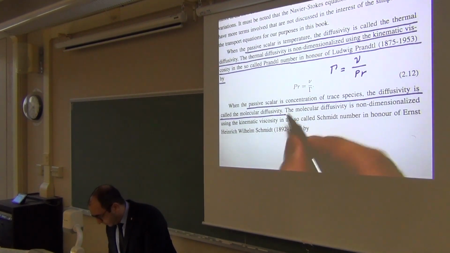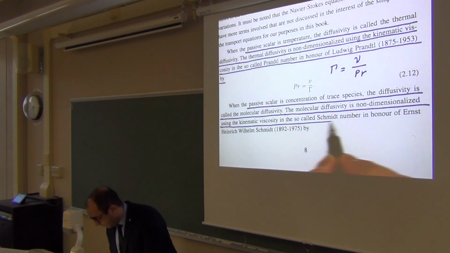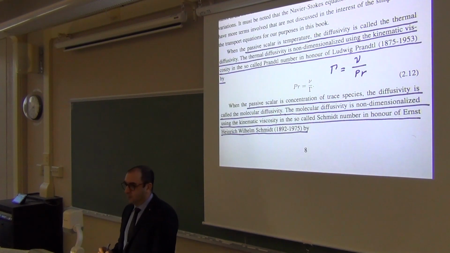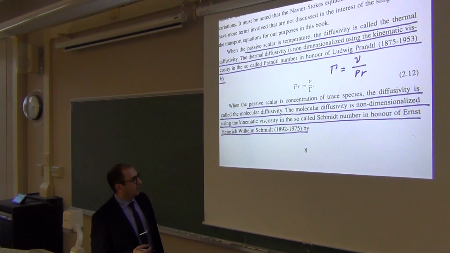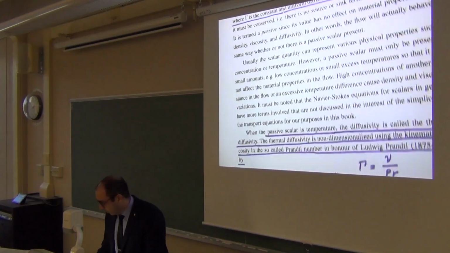And it's non-dimensionalized using the so-called Schmidt number, in honor of Ernst Heinrich Wilhelm Schmidt, who was another German engineer, overlapped with Prandtl, and came up with the Schmidt number.